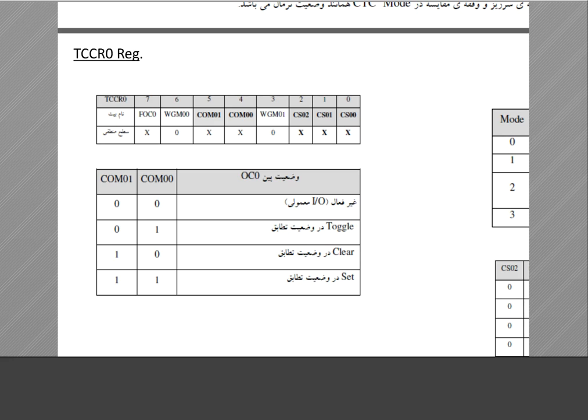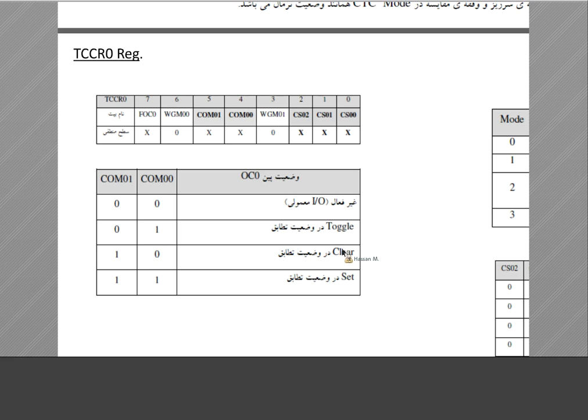In compare match, when compare match occurred, OC is toggled. Toggled means if it was 0 it becomes 1, if it was 1 it becomes 0. Toggling means negating.